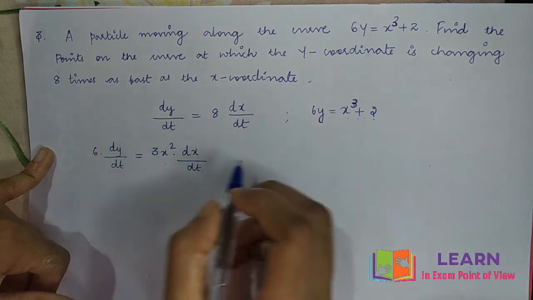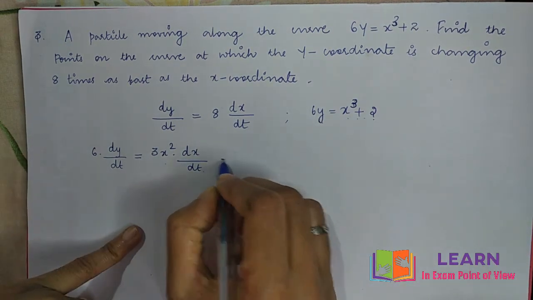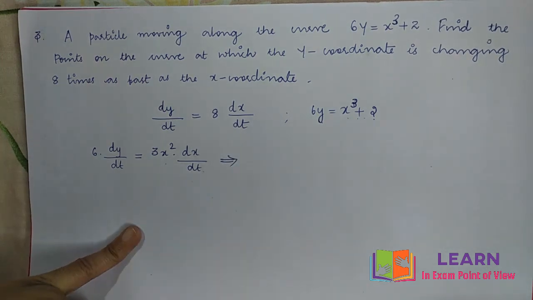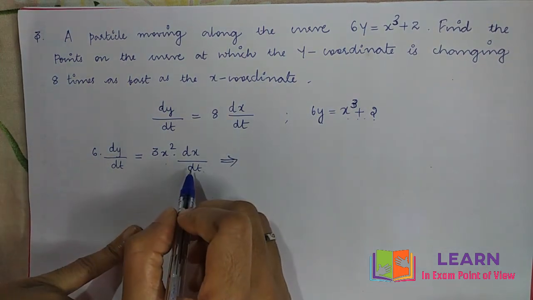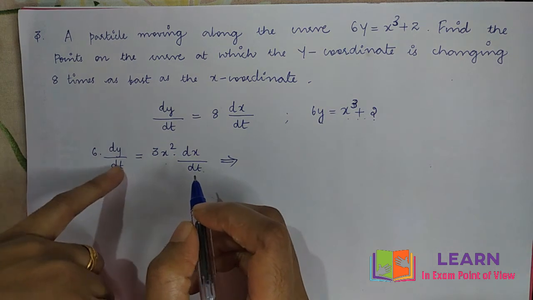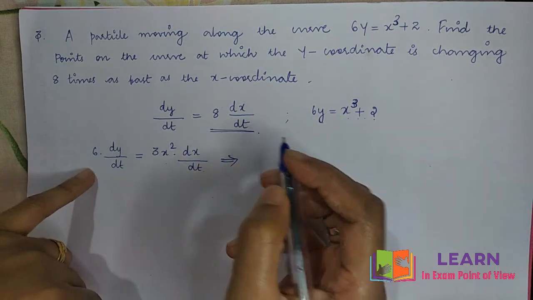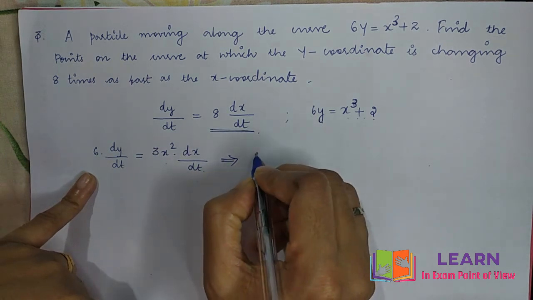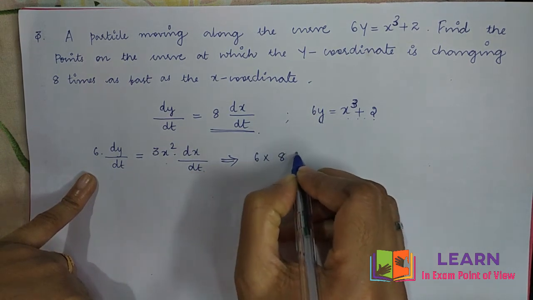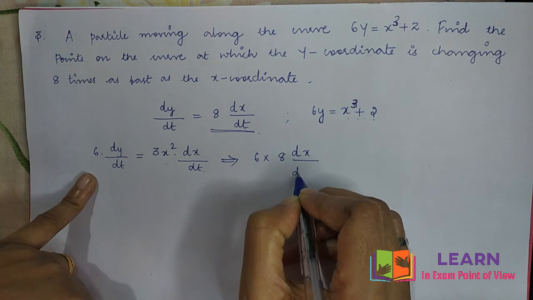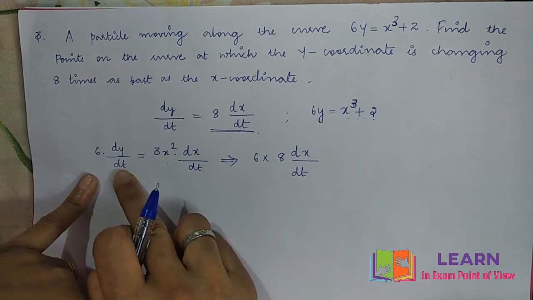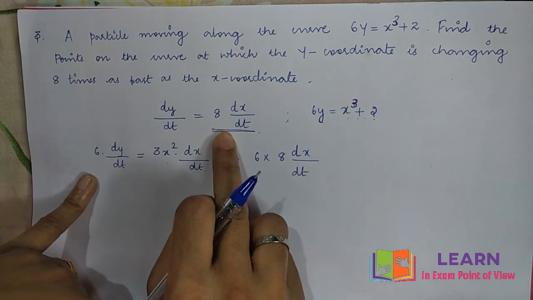Now what can we do? Here dy by dt is 8 times dx by dt. So you can transform it as 6 into 8 dx by dt. In the place of dy by dt, we have substituted this term.